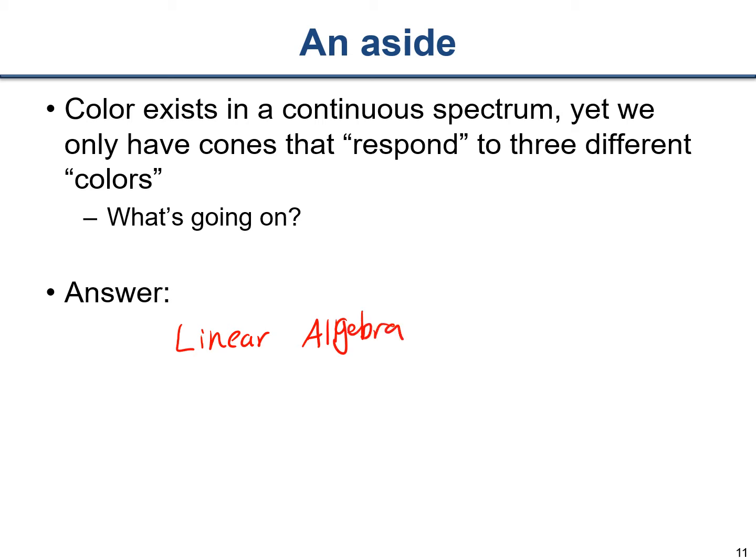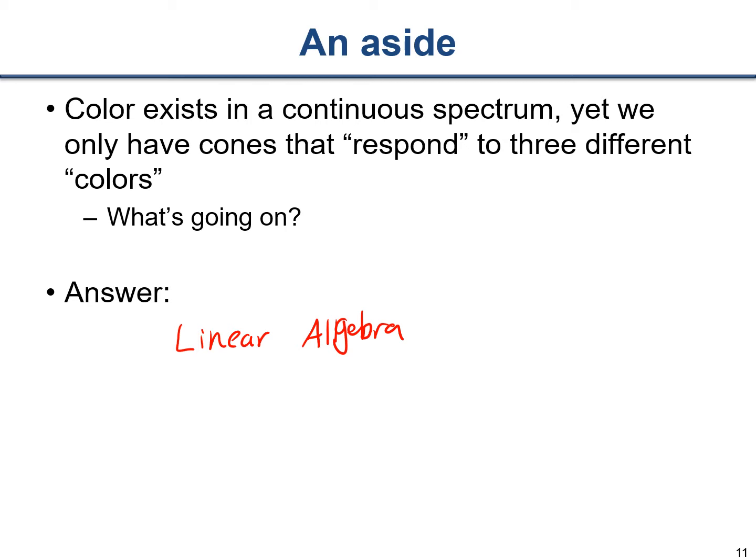Okay, so the idea here is, yes, we do have three different cells that primarily respond to three different colors, though not exclusively to those three different colors. So if you get light coming in in the green spectrum, you'll get a very low response from the, quote unquote, blue cone. You'll get a strong response from the green cone and some mild response from the red cone.